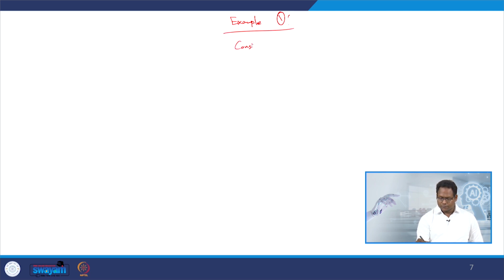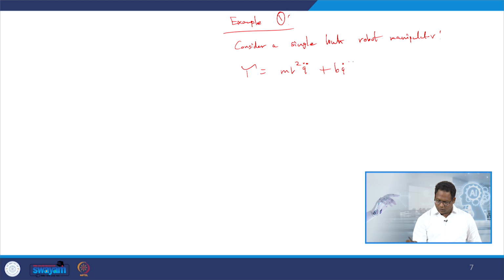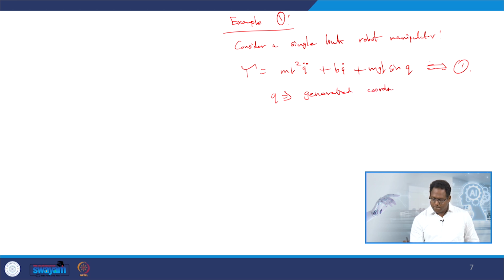Let us consider a single link robot manipulator whose dynamical equation is given by tau equal to m l square q double dot plus b q dot plus m g l sin q, given by this equation number 1, where q is a generalized coordinate of the robot.